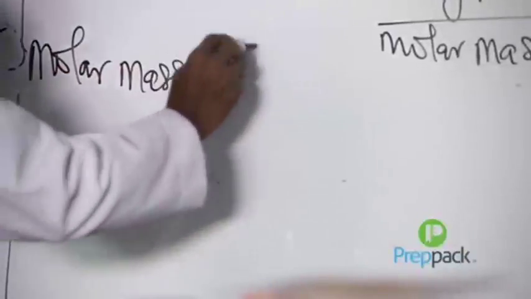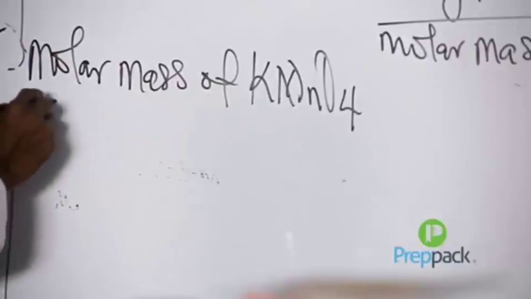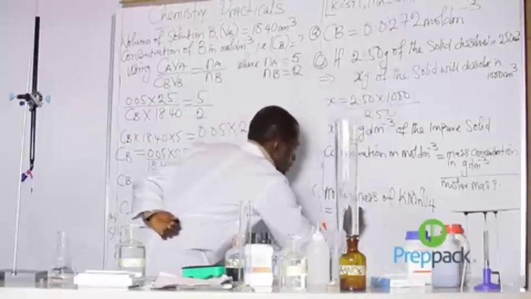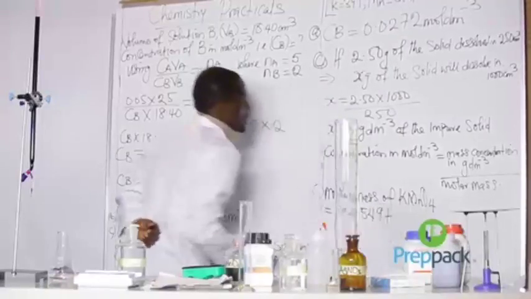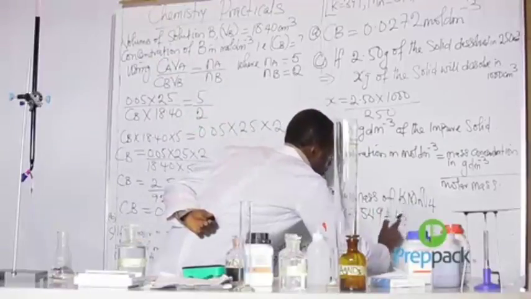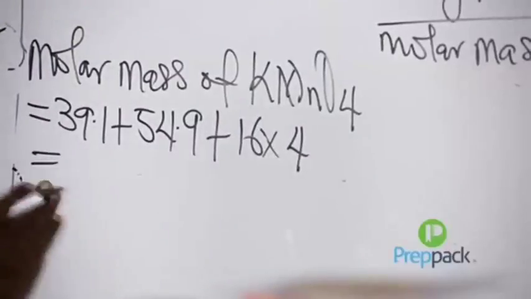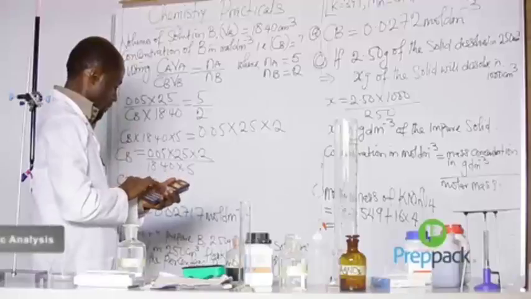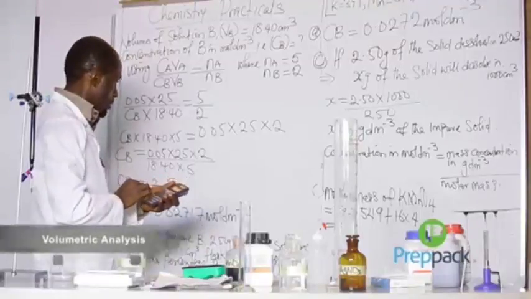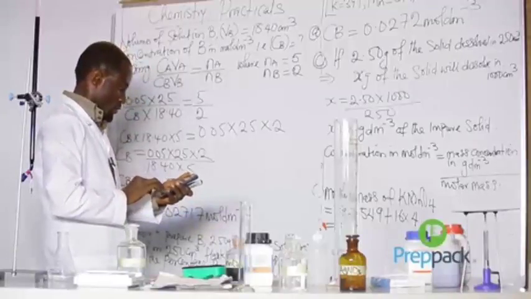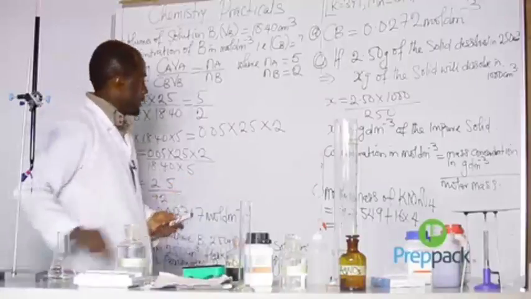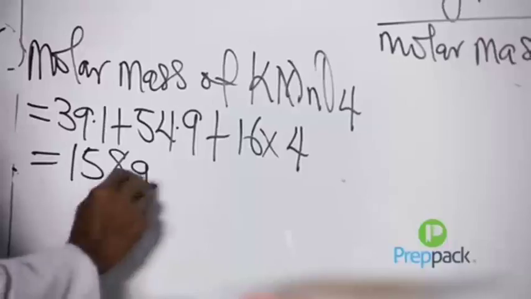Molar mass of KMnO4 is equal to K, which is 39.1, plus Mn, which is 54.9, plus oxygen, which is 16 multiplied by 4, which is equal to 64. Adding 64, 54.9 and 39.1 gives 158. So it is 158 gram per mole.